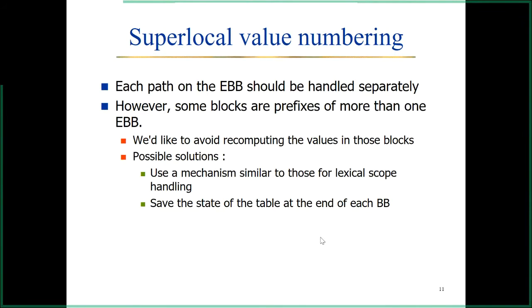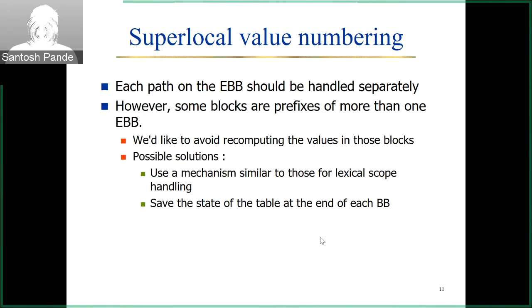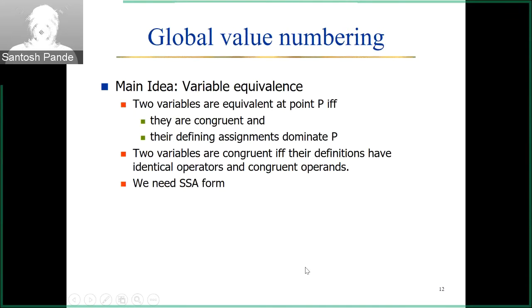So this is what we just talked about, EBB. And global value numbering is one of those optimizations which does a lot of interesting stuff. In modern compilers which are SSA based, we do GVN, as it is popularly called, to determine the identical expressions and to get rid of redundancy.